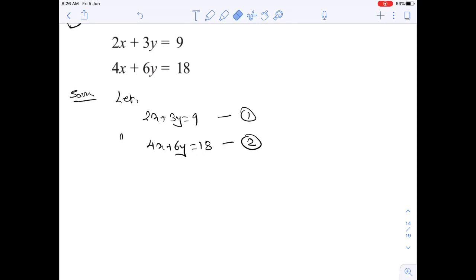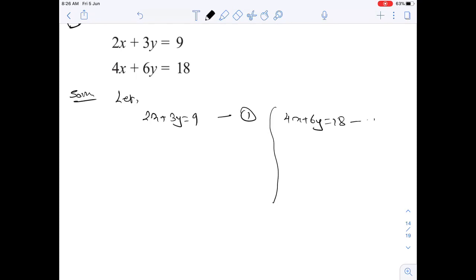Let us write it in this way so it will be easy for us. Before giving this one as equation number 2, let us do one thing. Let us write this one in lowest form, that is 4x plus 6y equals 18.